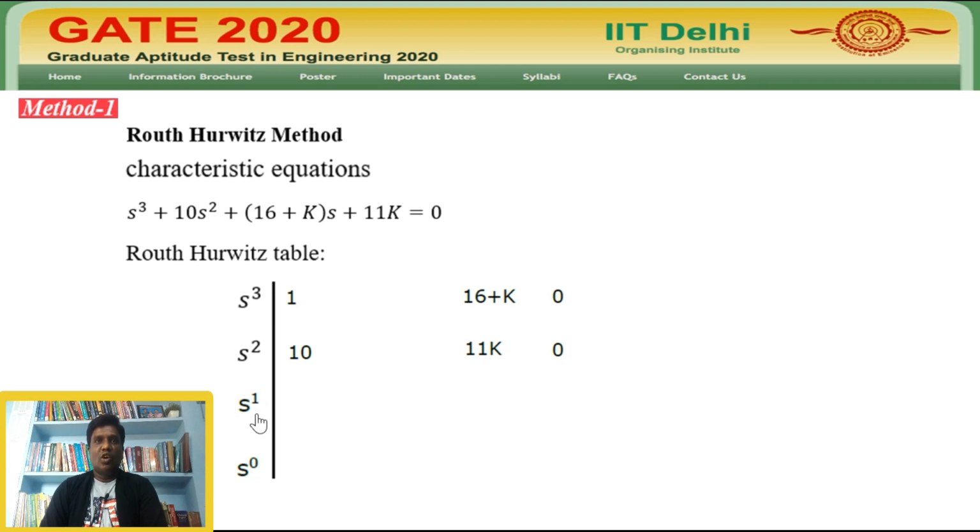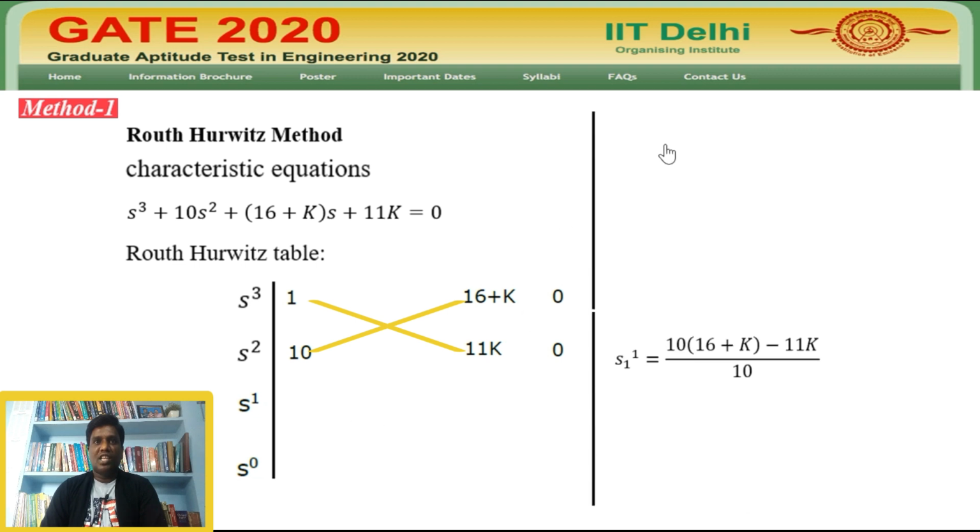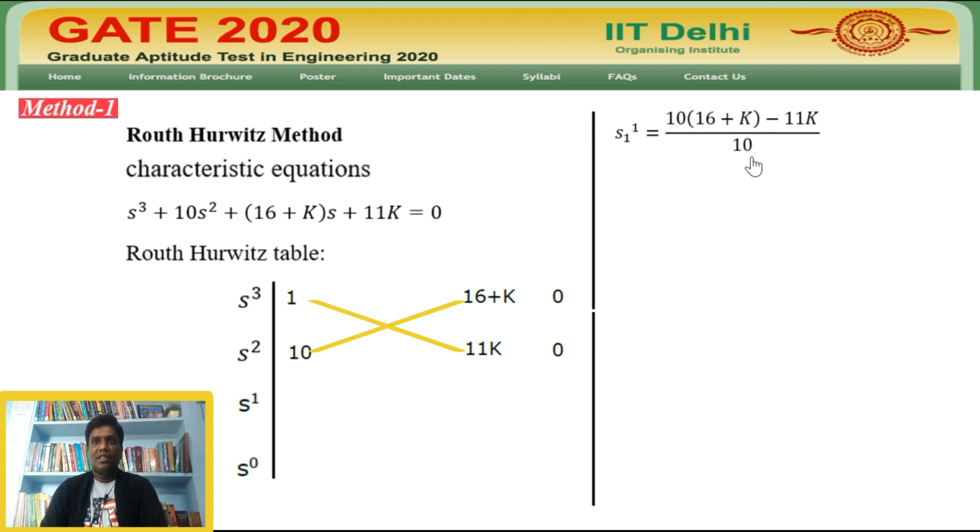Next, the third row, first position, the s^1 row first position, is filled like a matrix multiplication in this manner, divided by the second row first position, 10. Then the equation will be s^1 = (10(16 + K) - 11K) / 10. This term is filled in the third row, first position of the Routh-Hurwitz table.